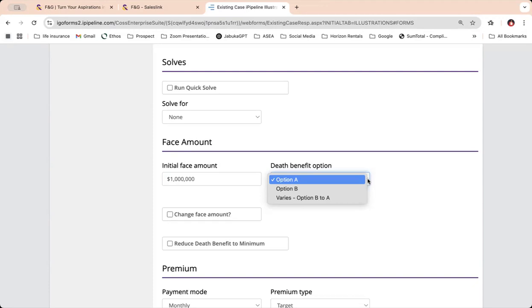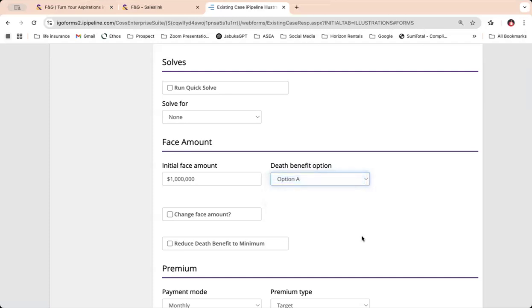So we choose option B to increase our death benefit. And the last one, the varies option, B to A, what does that mean? It's both of them. You're starting by increasing, and then later on the premium will be leveled. Wonderful.